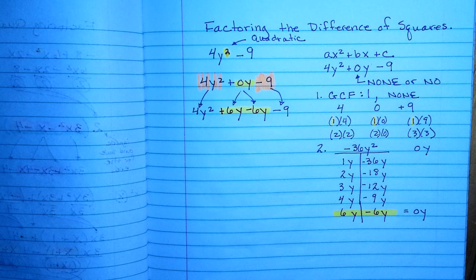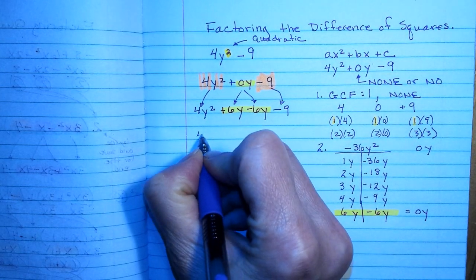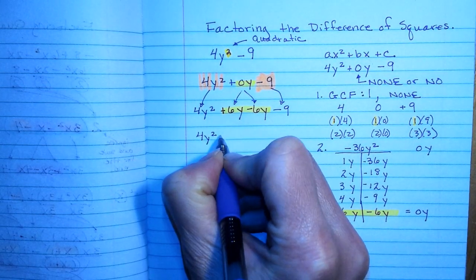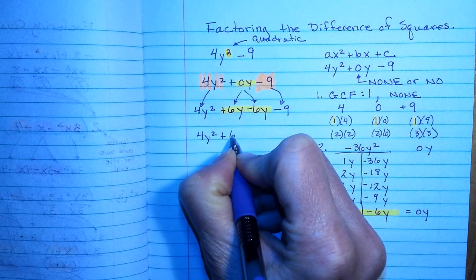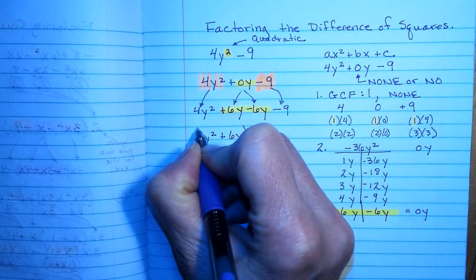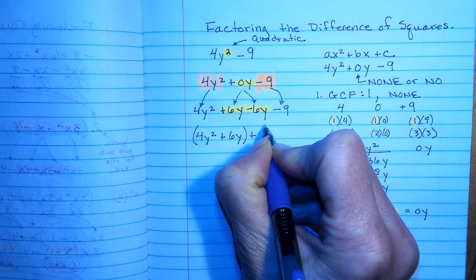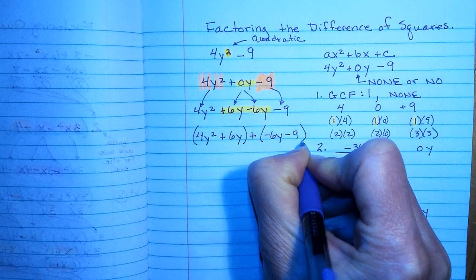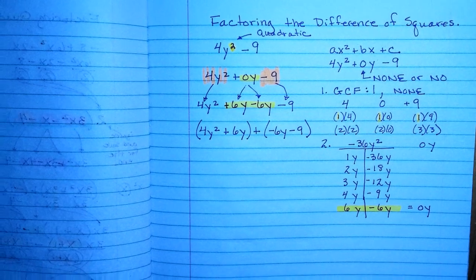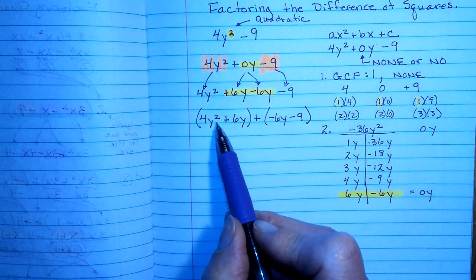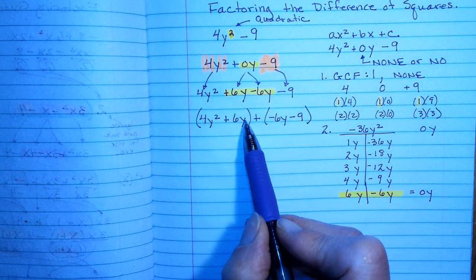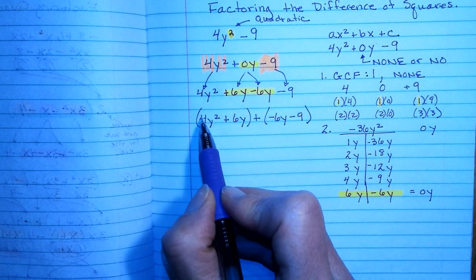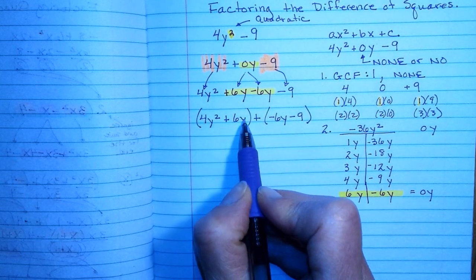Now I'm going to group it. So I have 4y squared plus 6y is my first group, and negative 6y minus 9 is my second group. So I'm going to look in my first group, what is my greatest common factor between 4y squared and 6y?